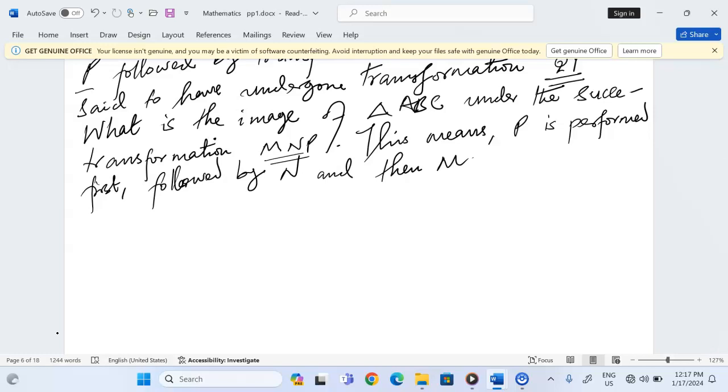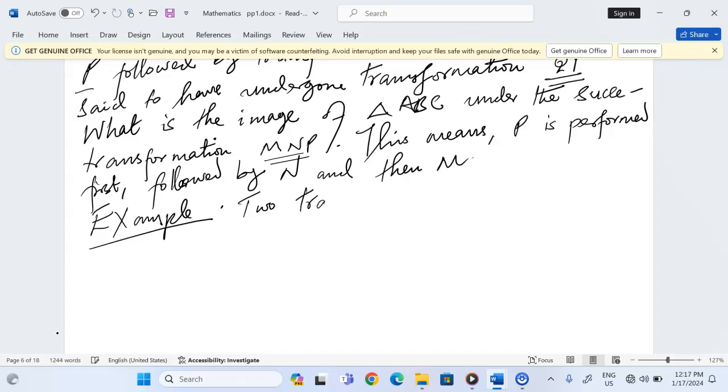Let me bring an example. This is an example whereby we're going to work out two transformations.